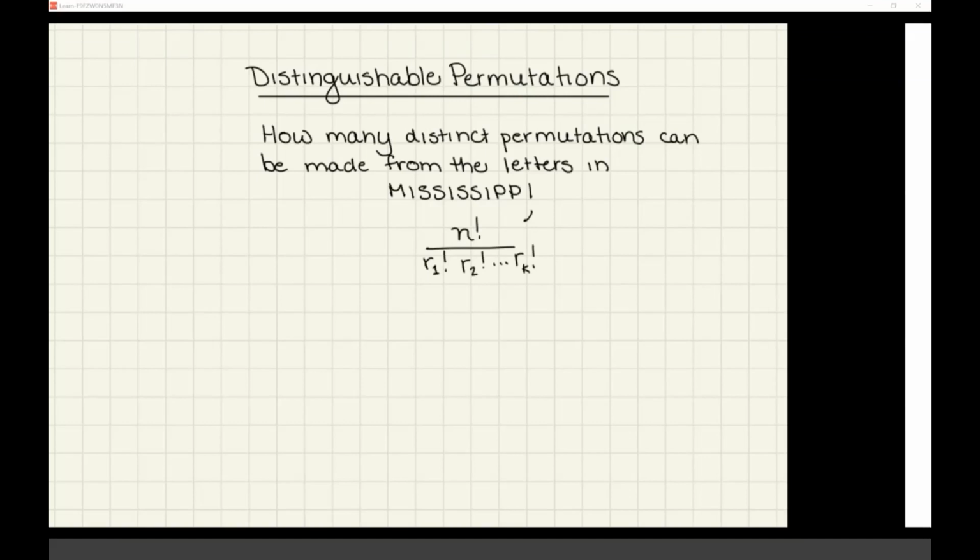Where n is the total number of letters in the word, in Mississippi, so you know what word I'm talking about, and these are the number of repeats of each letter.